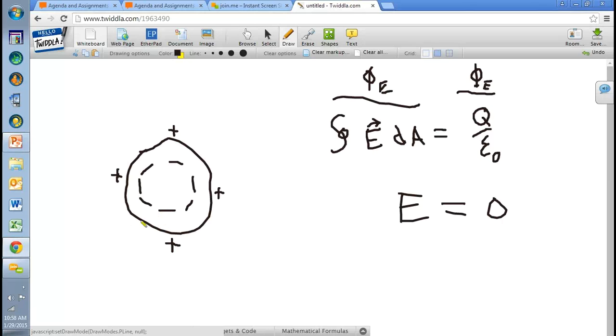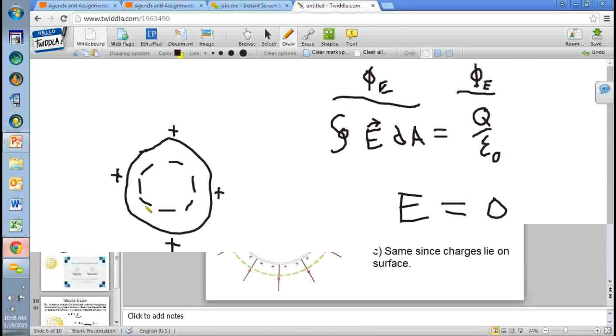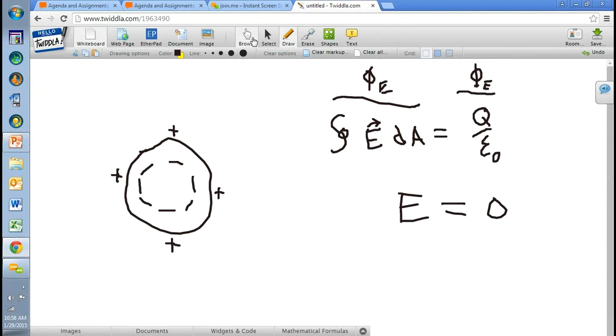Okay, so now the next part we're going to be looking at is if it was a solid. Okay, so I need to do some more erasing. What if this was a solid hunk of metal?